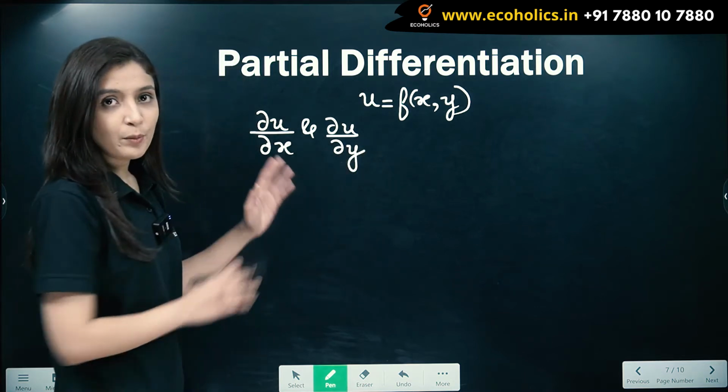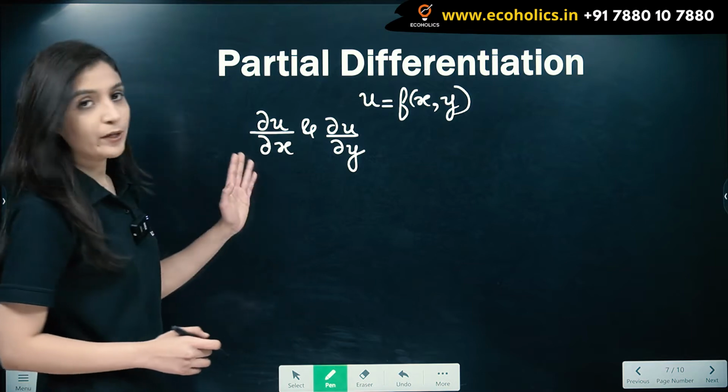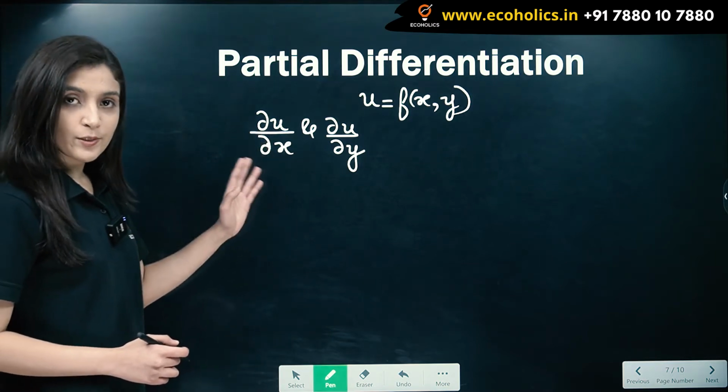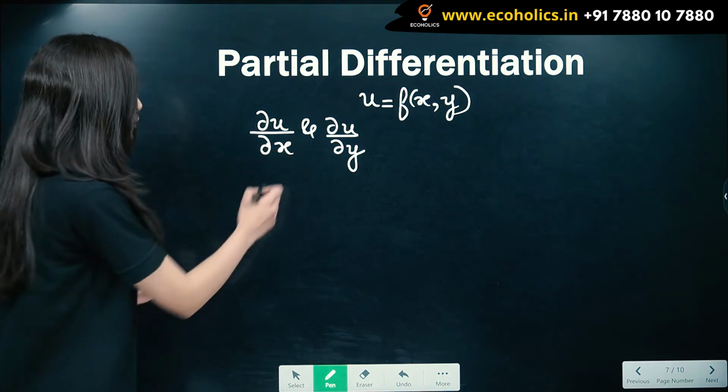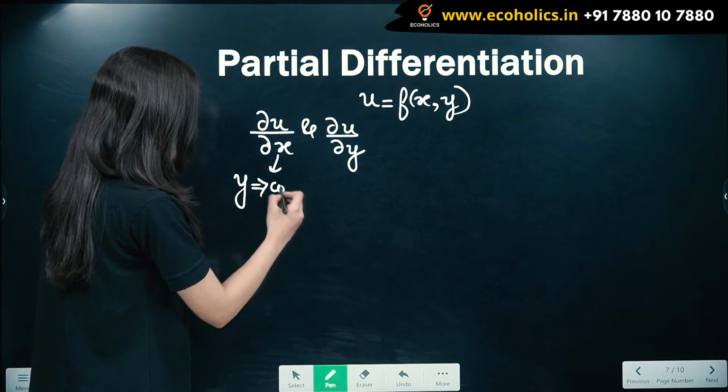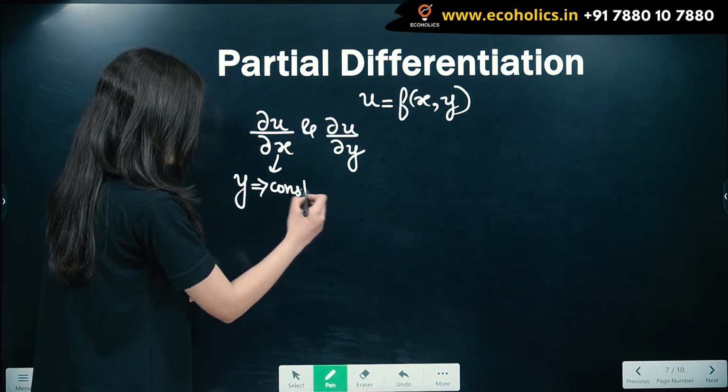So, these are the partial derivatives. Now, what is ∂u/∂x? This shows change in u with respect to x when our y is held as constant. So in this case, we are considering y as constant.